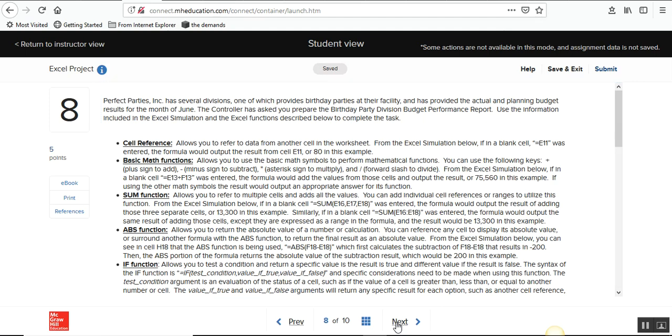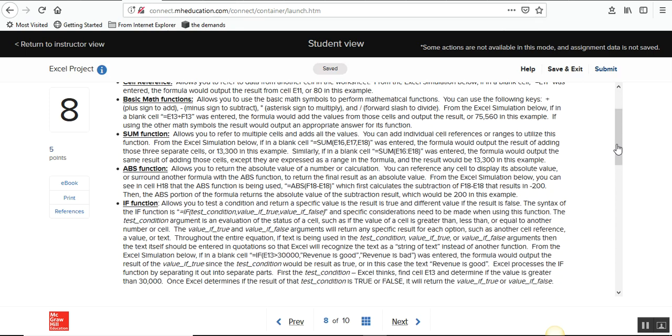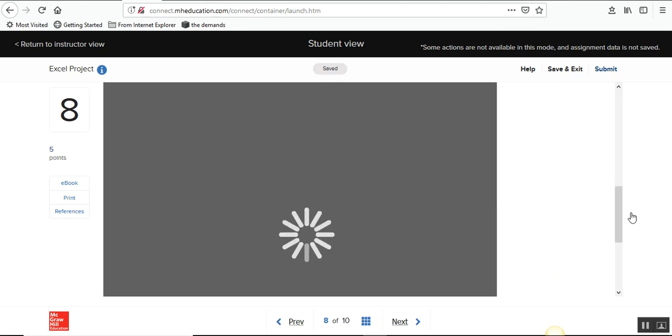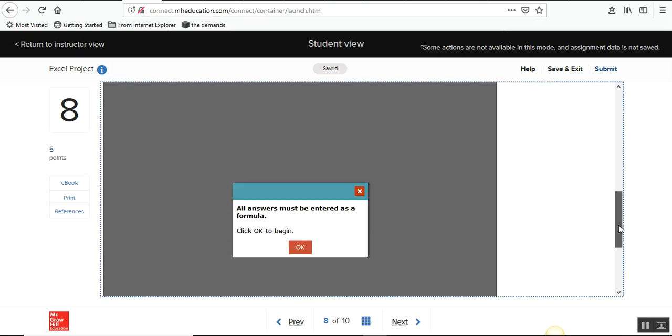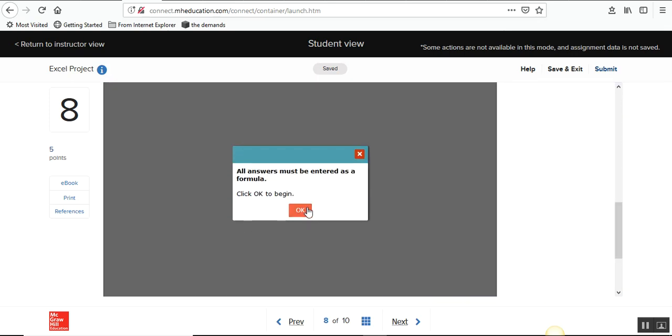With the 8th one, we're looking at chapter 9 stuff. We're doing a performance report, and in this case, we're going to calculate the flexible budget versus the planning budget versus the actual activity.